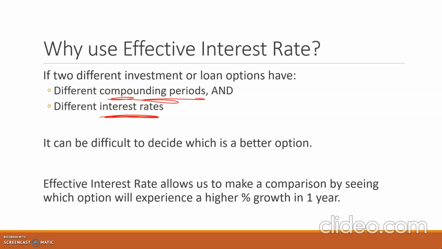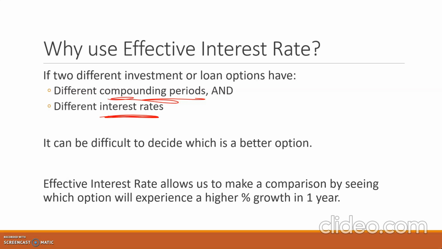So for example, I could be thinking, do I choose this 5% interest rate that compounds once, or do I choose the 4.8% interest rate, which compounds twice per year? Which one's better? They have different interest rates and they compound a number of times per year. So it's not really easy to choose which one is a better option just by sight. I'd have to do a bunch of future predictions of values with the compound interest formula.